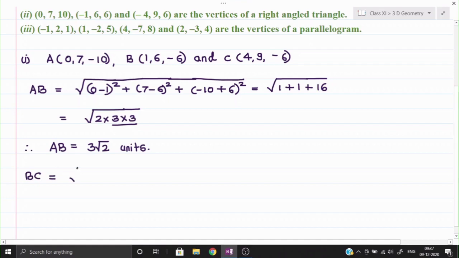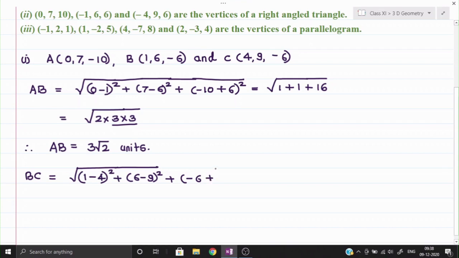BC is equal to under root. In the same manner we shall apply the distance formula, 1 minus 4 whole power 2 plus 6 minus 9 whole power 2 and plus minus 6, and in the same manner that second minus of 6 will become plus because minus minus will multiply, and this will be whole power 2.